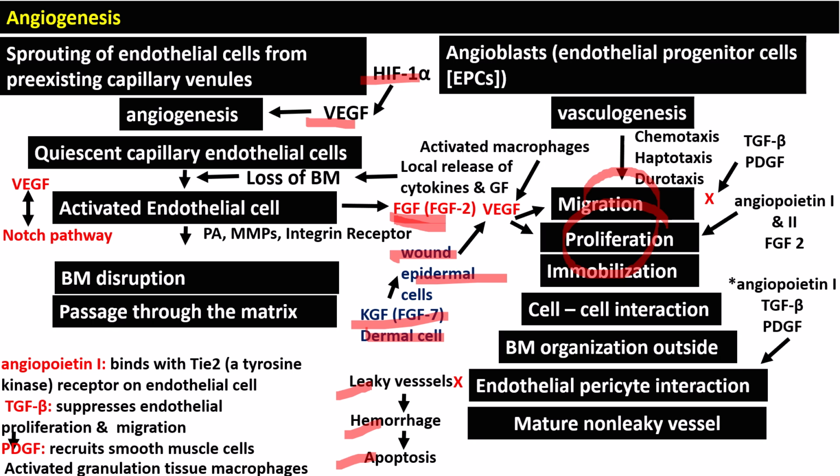Angiopoietin 1 and 2 interact with Tie2 receptors and stabilize the vessel. Transforming growth factor beta and PDGF suppress endothelial proliferation and promote extracellular matrix protection, while the PDGF recruits smooth muscle cells to support the vessel wall.